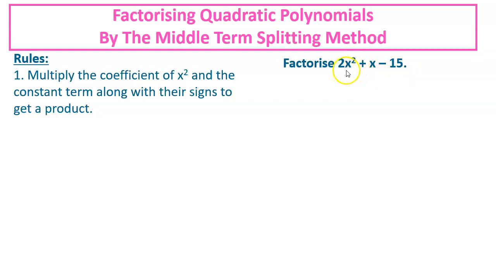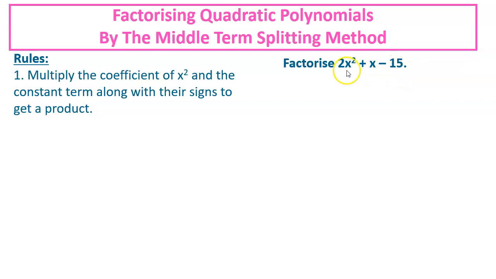When the coefficient of x squared is equal to 1, if you multiply that 1 with the constant term, the product will be the constant term. Multiplication with 1 gives whatever number you are multiplying, so the method is not different. It is 1 times negative 15 giving us negative 15.